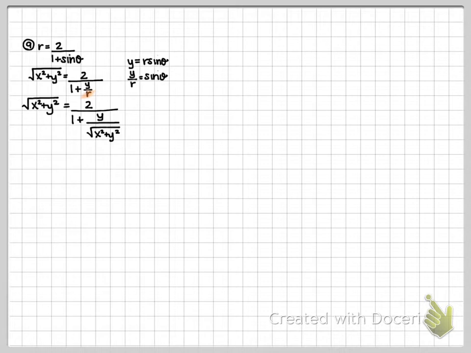I think what I'm going to do is I'm going to put a denominator of 1 on the left-hand side. So I'm going to cross multiply.